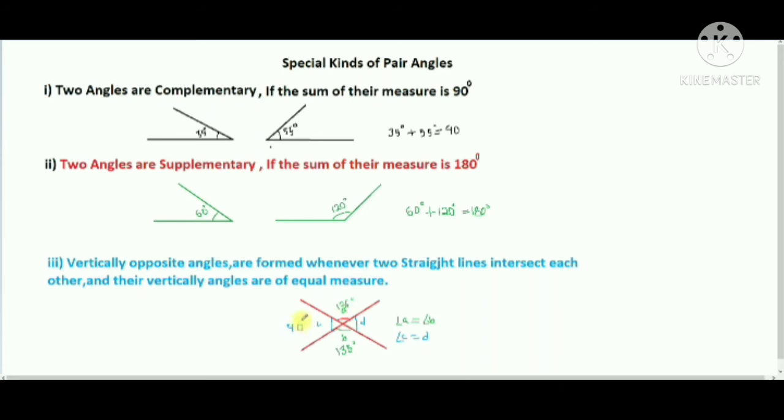Suppose there, if I write 40 degrees, then this angle will also be 40. Okay, so according to the question, vertically opposite angles are always equal in measure.